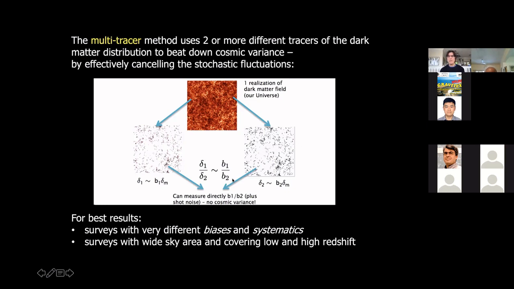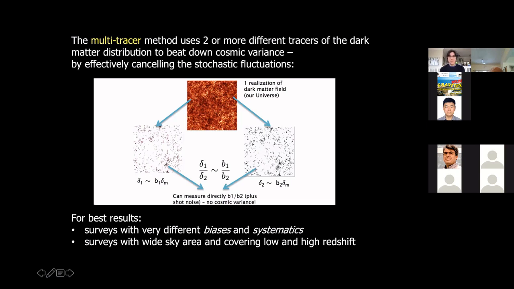So the underlying stochastic dark matter field is cancelled out when you take this division. And so in a sense, you can measure the ratio of the biases without cosmic variance. Of course, one has to take account of the noise. It's not quite as simple as this, but this is the basic idea of the multi-tracer method.